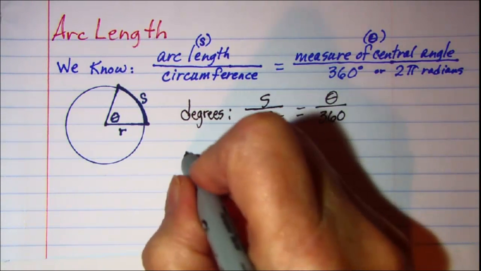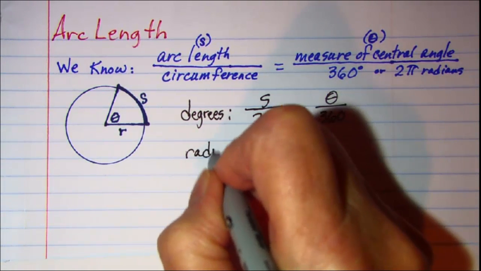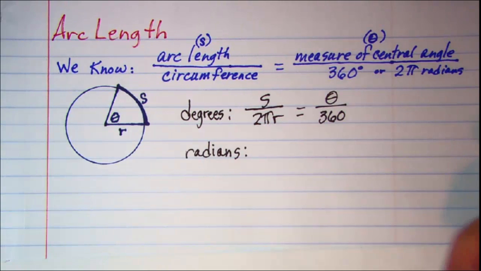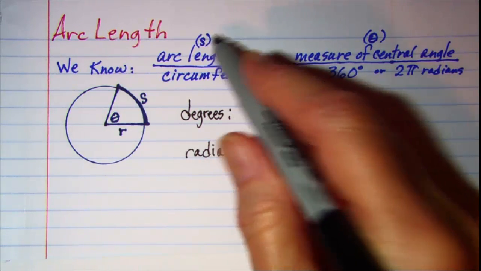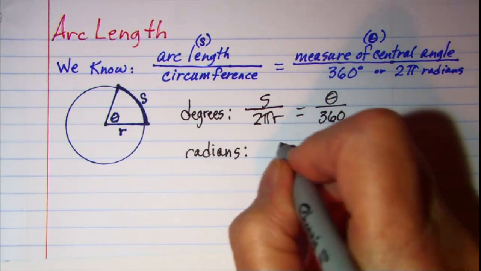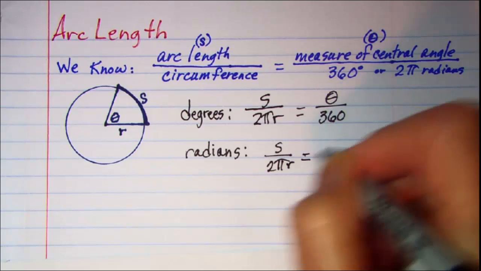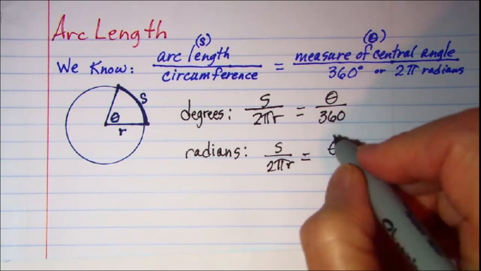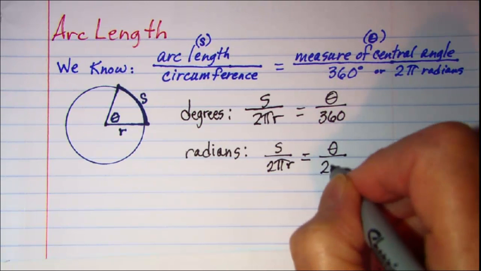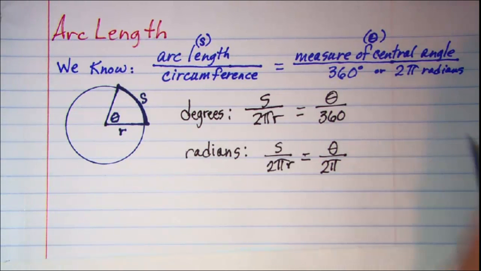Now if we're in radians, and that's what we're going to be dealing with in this section, we would have S is to 2 pi r, as theta in radians is to 2 pi radians.